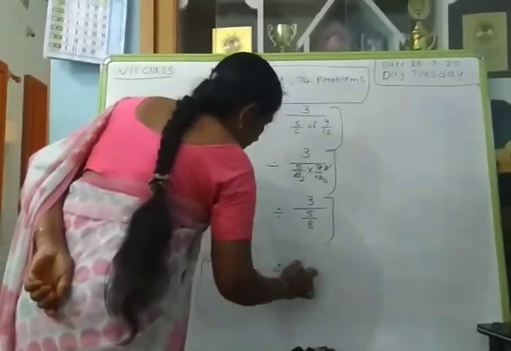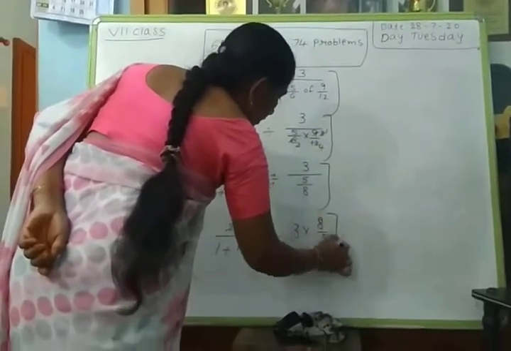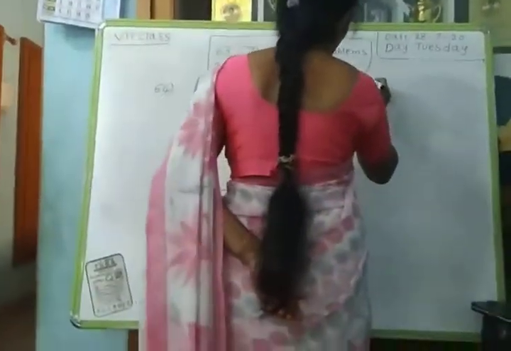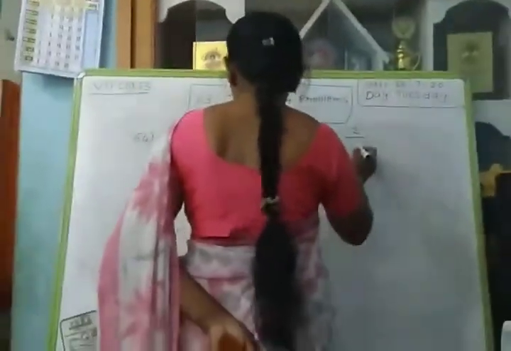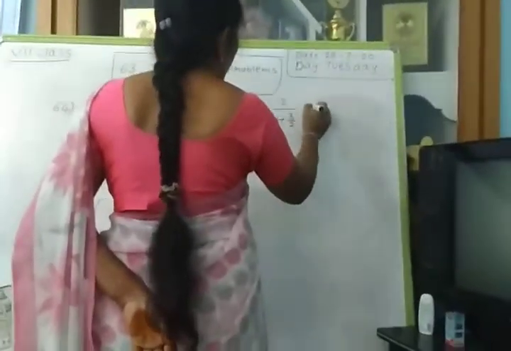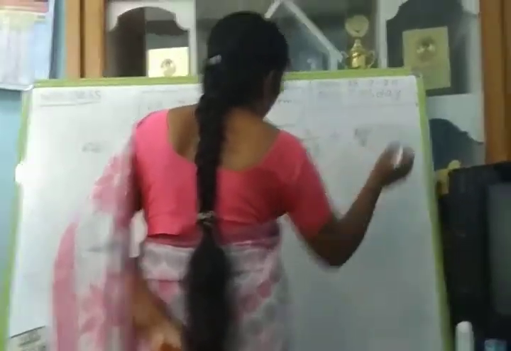Here divided by, here what we will get? 3 into reciprocal 8 by 5. Next 2 by 1 plus 3 by 2 divided by 3 8s are 24 by 5.